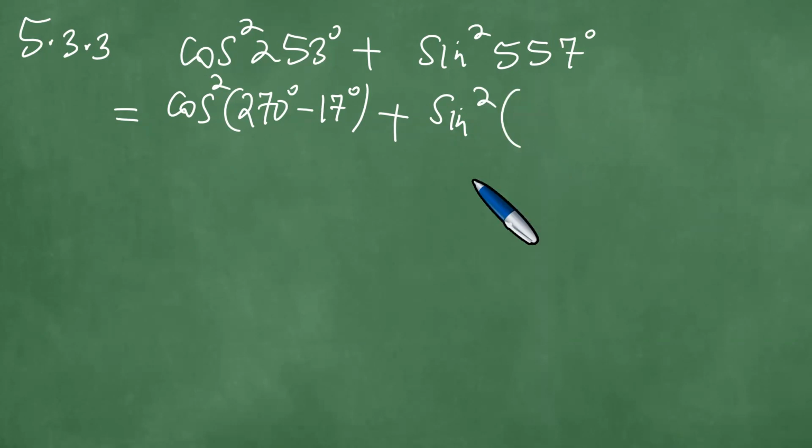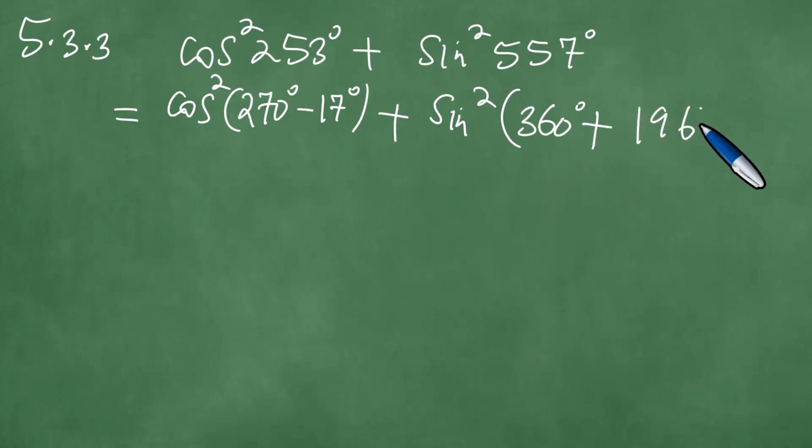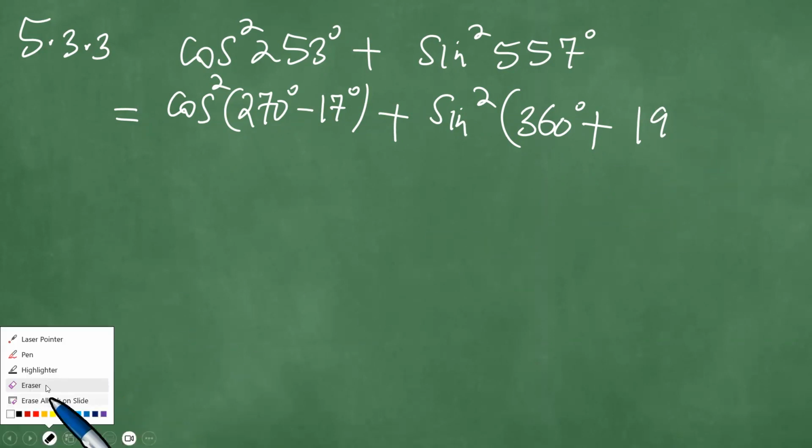The 557 degrees, first you can write it as 360 degrees plus something. Just look at this. So at this point here, 557 minus 360, which is 197 degrees.